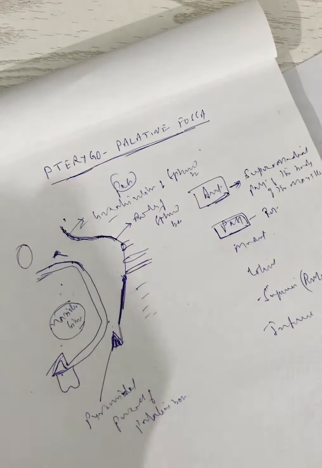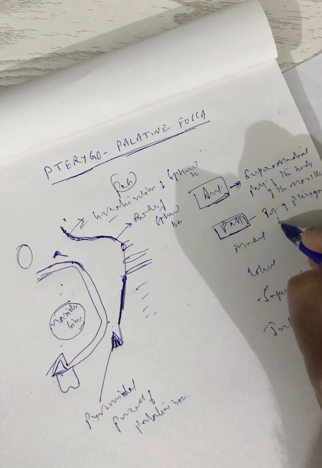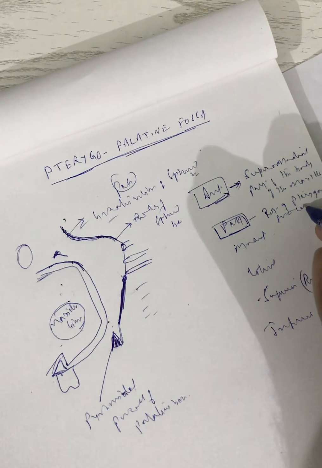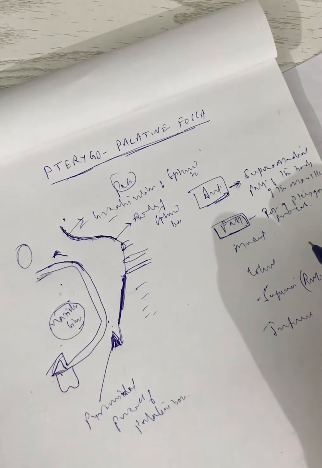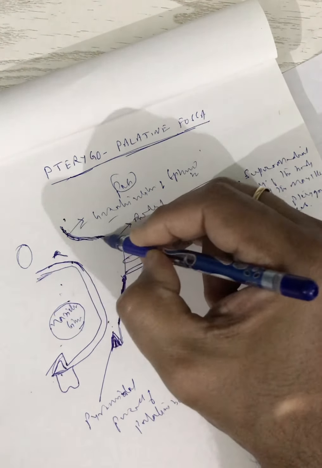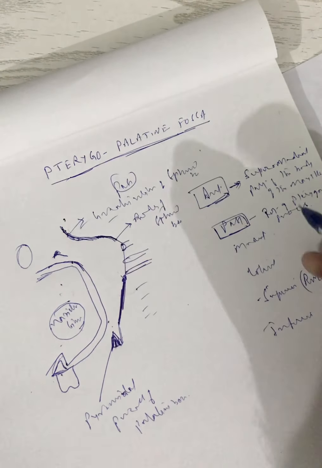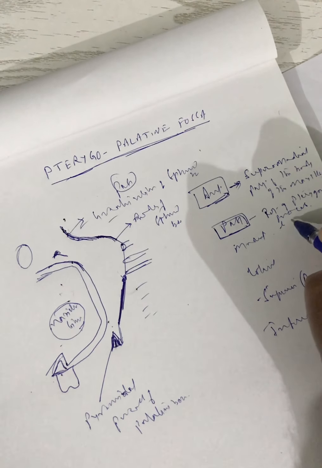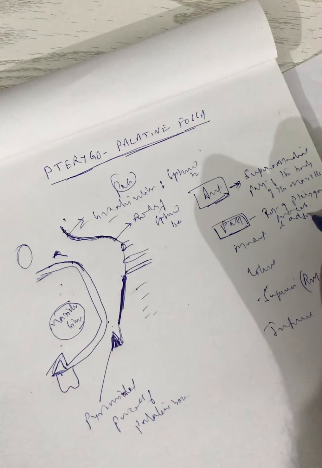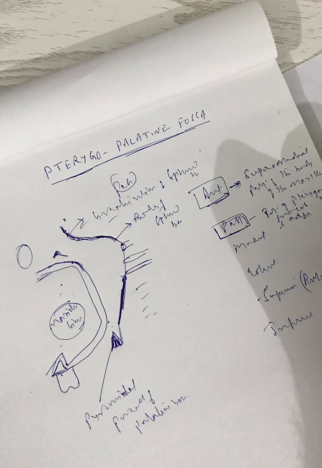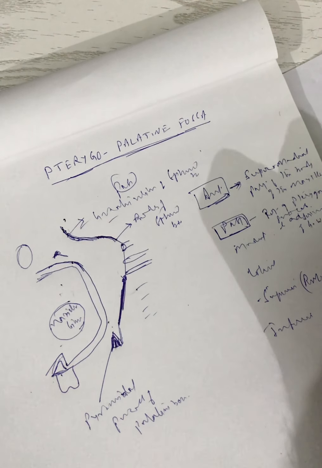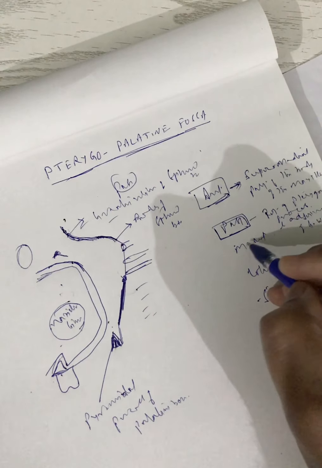So the root of the pterygoid process, number one. And next we have got the adjoining part of the greater wing of the sphenoid bone.